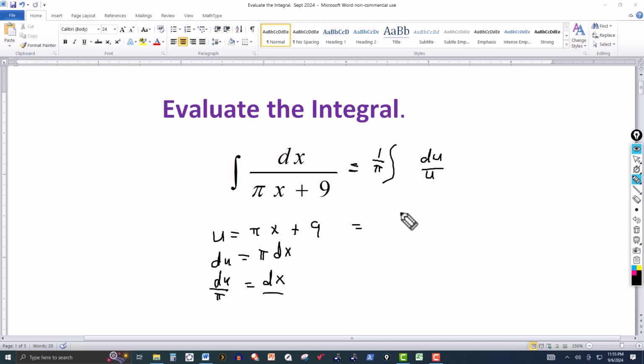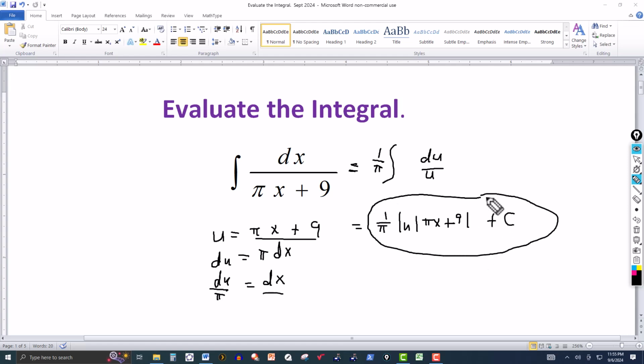So this is going to be ln of absolute value of u, but I know I have to go back to the original variable. So instead of putting a u there, I just put pi x plus 9. This 1 over pi, and that is plus the constant of integration.